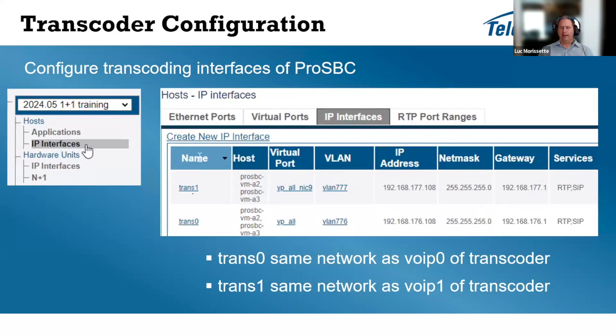All right, then I configure in the IP interface section. This is where I give the names trans 0, trans 1 using the VLANs I just configured here. And you see they need to be on the same subnet as the transcoding device. Again, here I need to have at least RTP configured in the system.